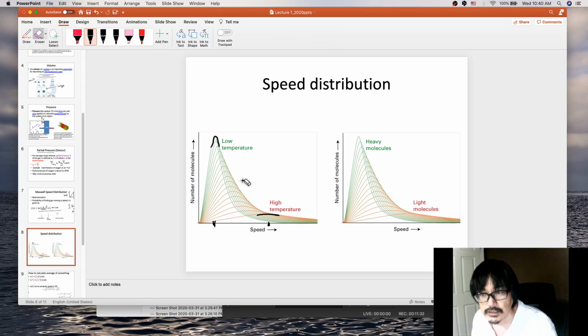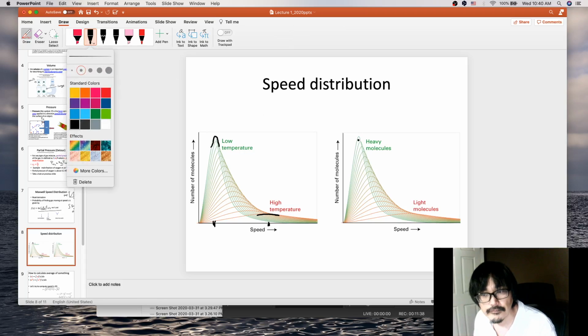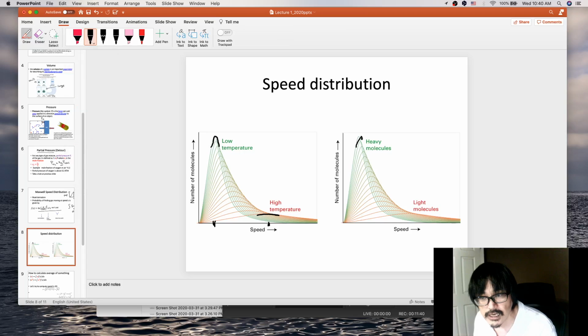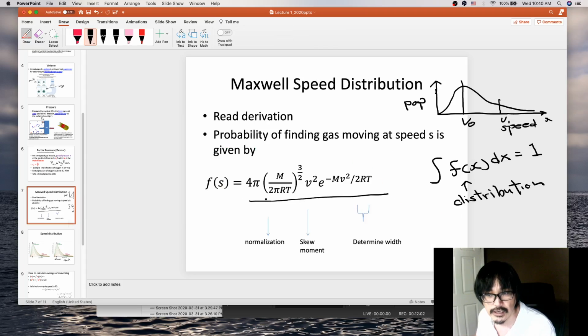If the mass is heavy, then the heavy stuff, or the large particles, are traveling super slow, most of them. And if you have a small particle or light molecules, then most of them are moving at fast speed. That all comes from this equation right here.